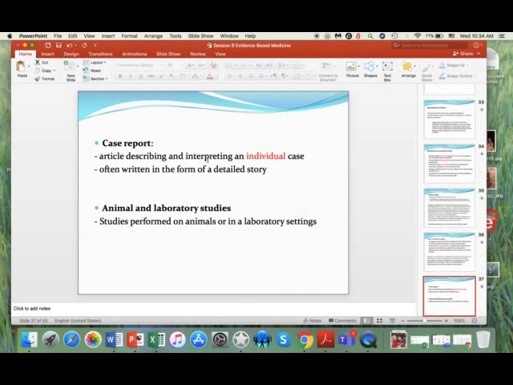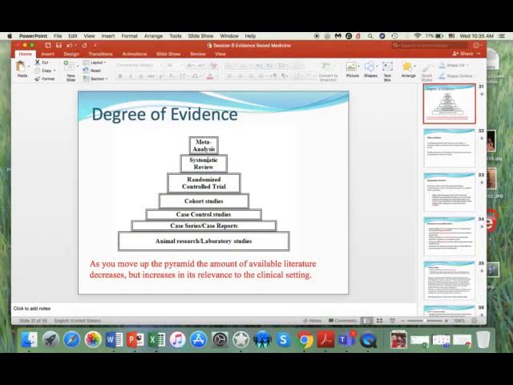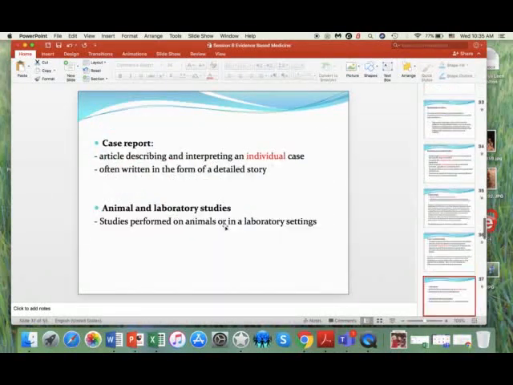So a case report, remember we're going down this pyramid here on reliability of the evidence. So now we're down to here. A case report is an article that's describing and interpreting an individual case, and it's often written in the form of a story.